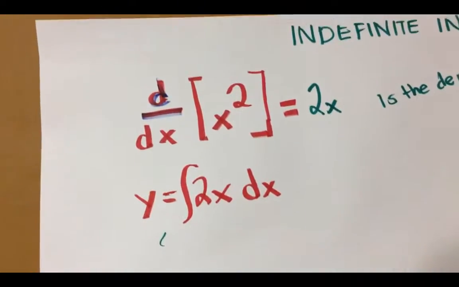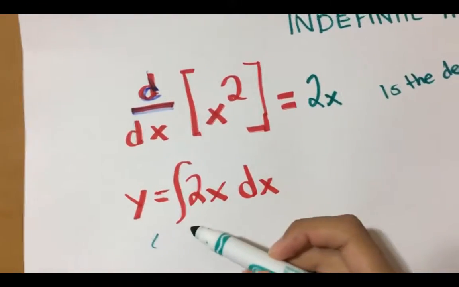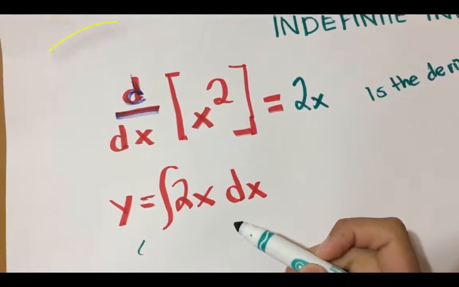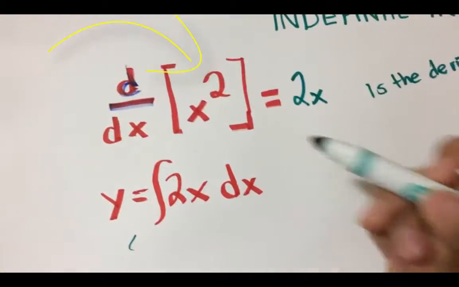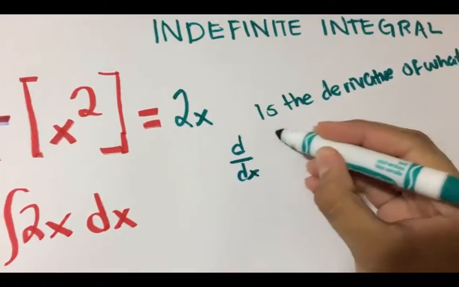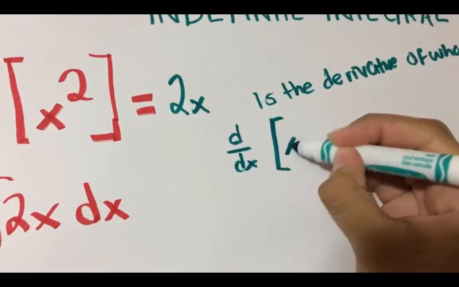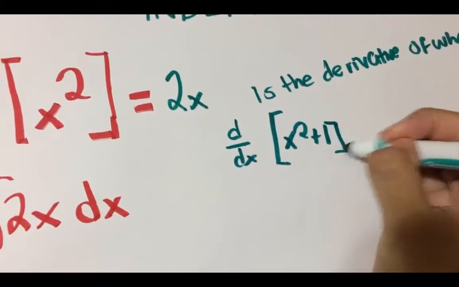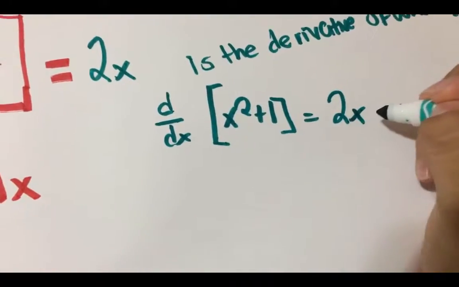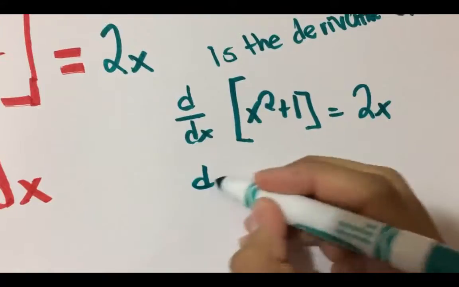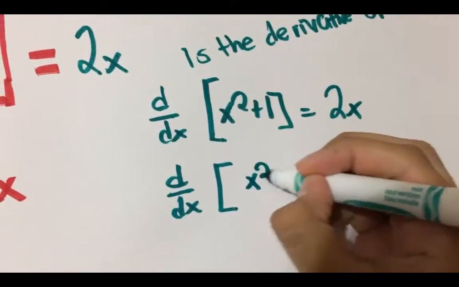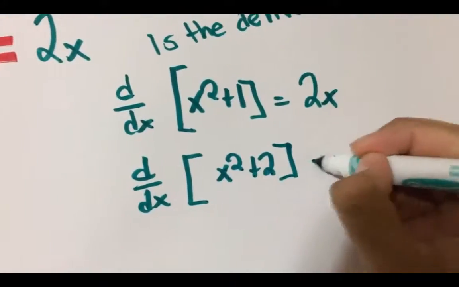So we can say that y is equal to the indefinite integral of 2x dx. We already know the answer. It will be x squared. But let's say it was x squared plus 1. The derivative is still 2x. And what about x squared plus 2?